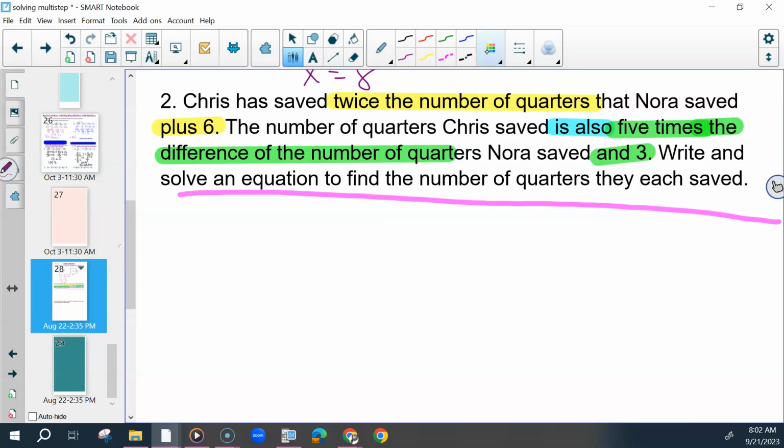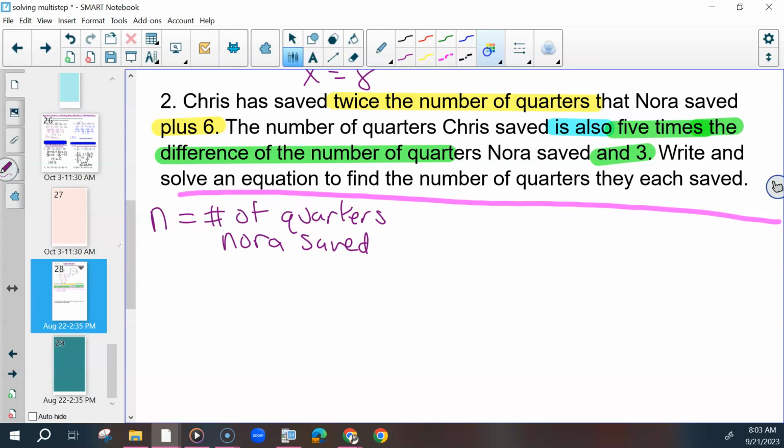So because everything that Chris has saved is based on Nora's, we're going to set a variable for Nora, and just call that N. Number of quarters Nora saved.